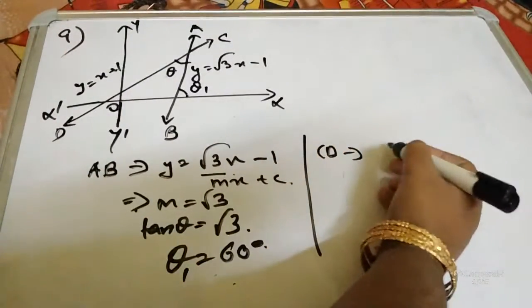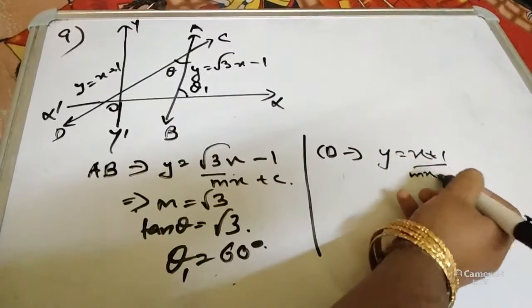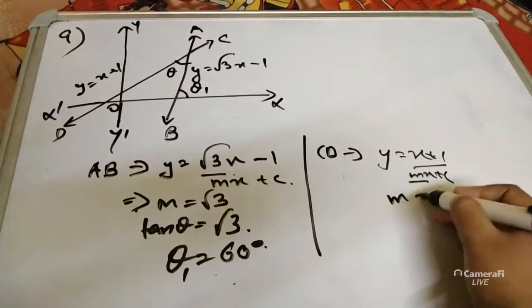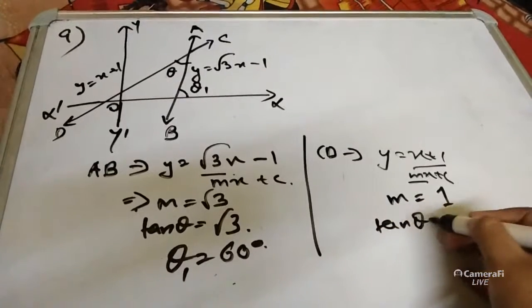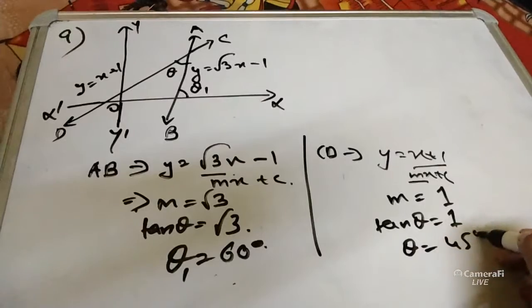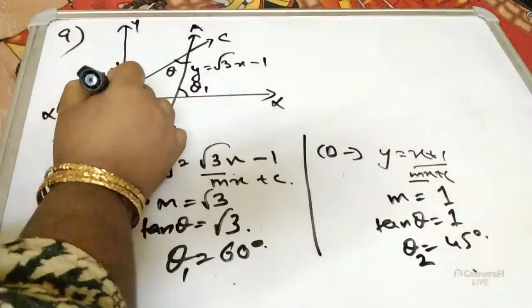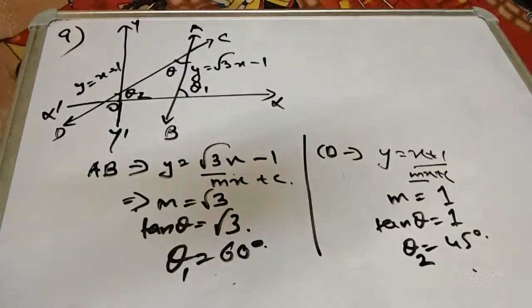Line CD equation is y is equal to x plus 1. If we compare it to this form, then we get m to be 1. If m is 1, that means tan theta is equal to 1. So theta is 45 degree. This one we take it to be theta 2, and theta 2 is over here. So theta 2 is 45 degree.